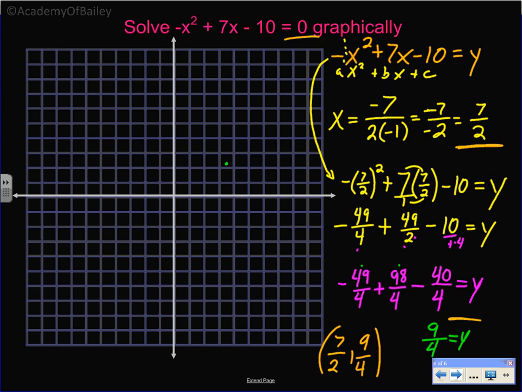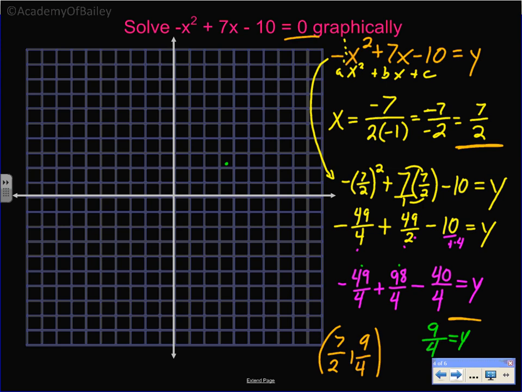Now we need to calculate the rest of the graph. You probably want to pick some x values, plug them in, solve for y, and then you can plot the graph. Remember that a quadratic function is symmetric, so whatever you get on one side of the line of symmetry, it should be symmetric to the other side. So let's look here. We're going to go ahead and graph this.